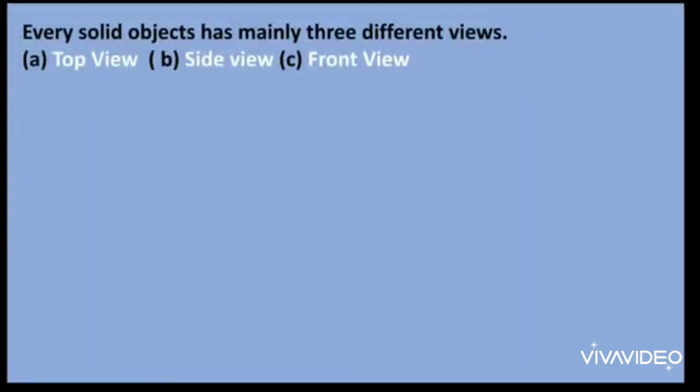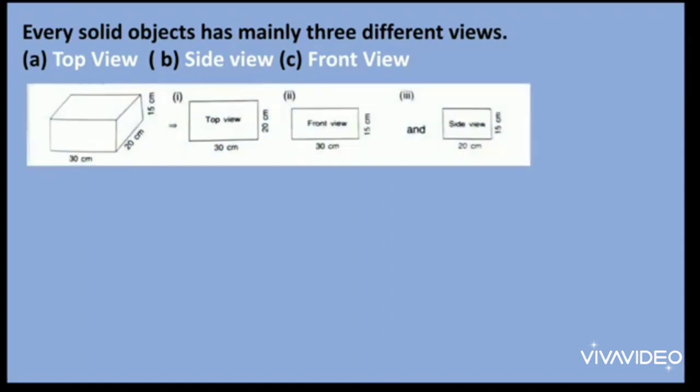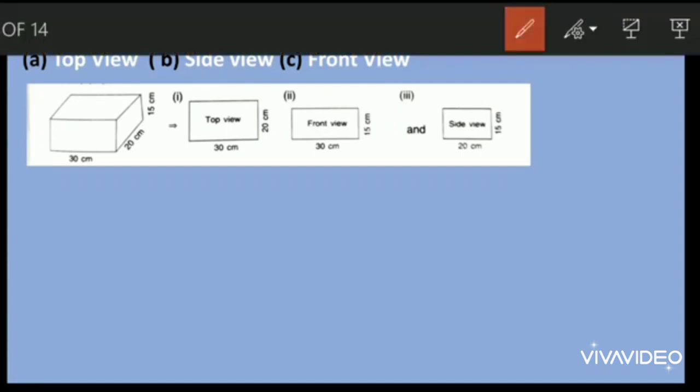Now every solid object has mainly three different views. A is the top view, B is the side view and C is the front view. Now if we take the example of a cuboid, we can see length which is 30 cm, width which is 20 cm and height which is 15 cm.